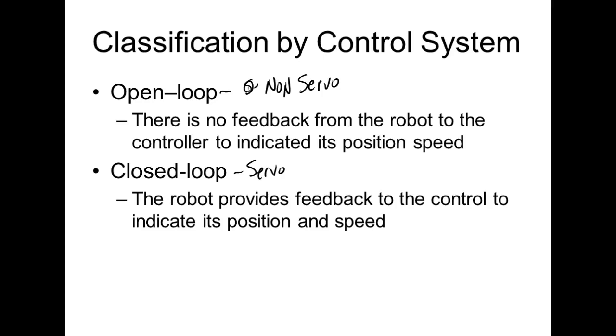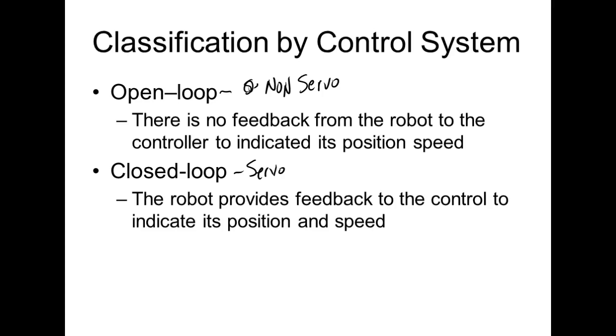So what's feedback? Back to you or back to the controller. So basically what we mean is that the controller tells an actuator to do something, and the actuator tells the controller to get it done.